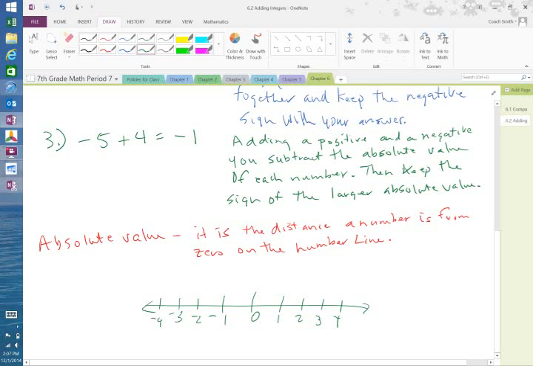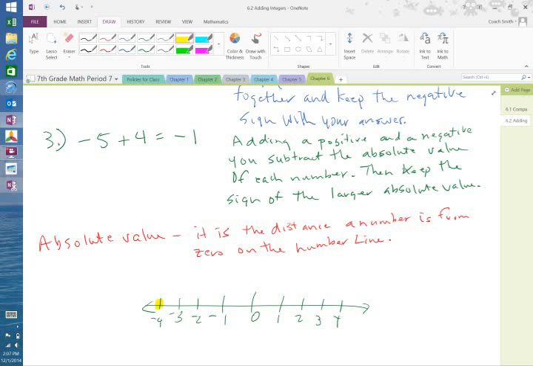If I look at -4, how many units does it take to get back to 0 from -4? If you look at a number line, how many spaces does it take to get back to 0?